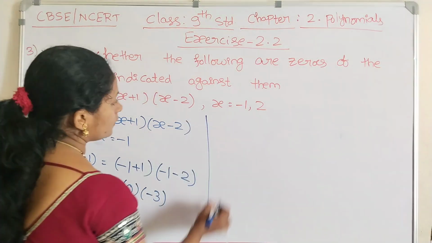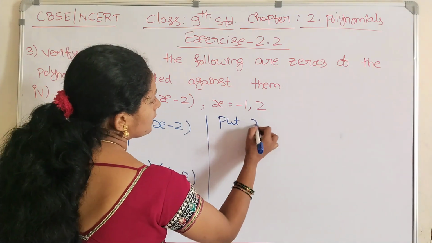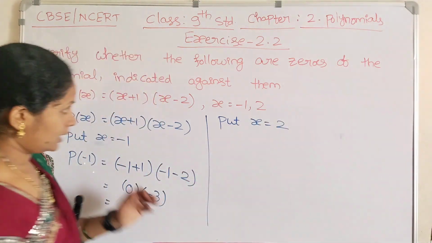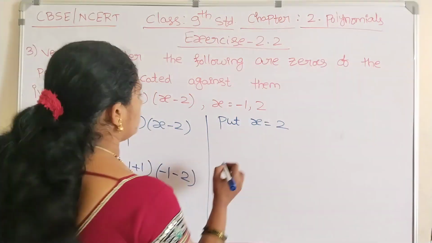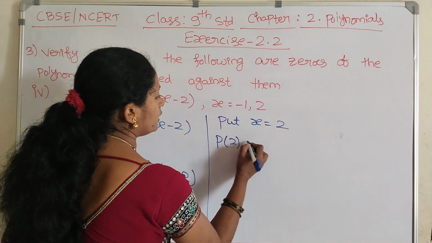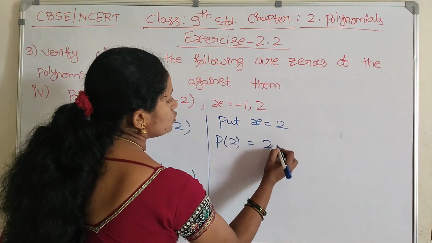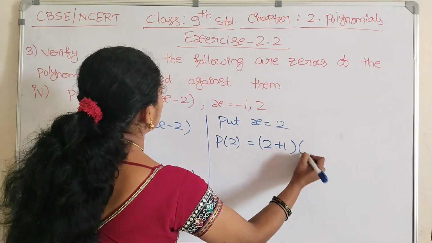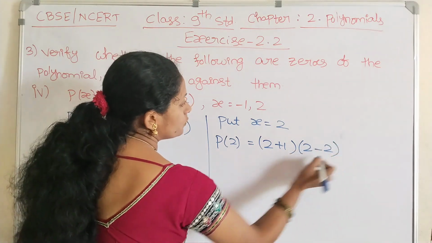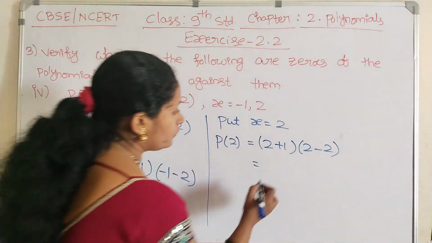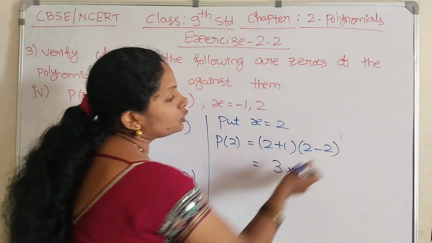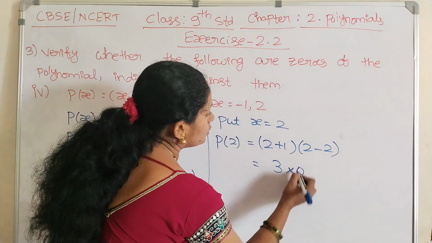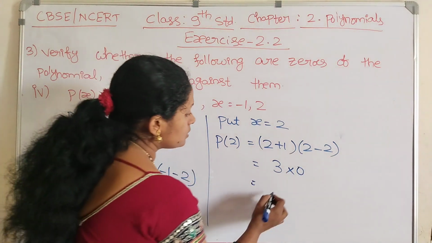Next, put x = 2 in the given polynomial. P(2) = (2 + 1)(2 - 2). 2 + 1 is 3, times 2 - 2 is 0. 3 × 0 is 0.